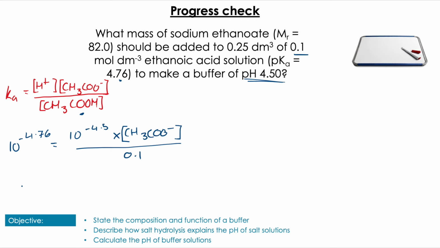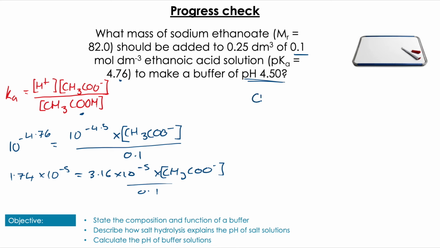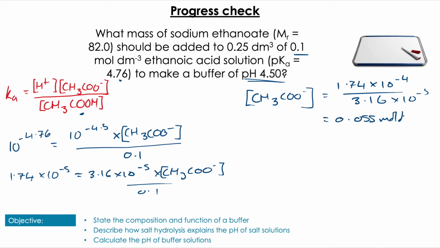I'll write those numbers out in standard form, and I'm going to get 1.74 times 10 to the minus 5 is equal to 3.16 times 10 to the minus 5 multiplied by my unknown ethanoate over 0.1. Multiply through by 0.1 is going to give me 1.74 times 10 to the minus 4 divided by 3.16 times 10 to the minus 5, which equals 0.055 moles per decimeter cubed.